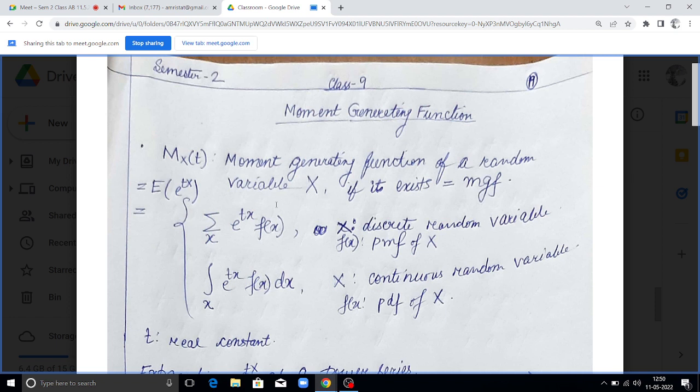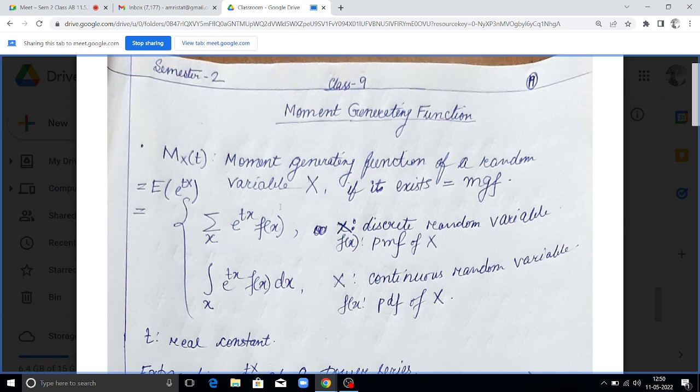Yes, ma'am. So M_X(t), that is the moment generating function, equals the expectation of e raised to the power tx. And that can be written similar to what we have learned just now. When there was only a capital X within the expectation, we had written it as the summation of x into f(x).